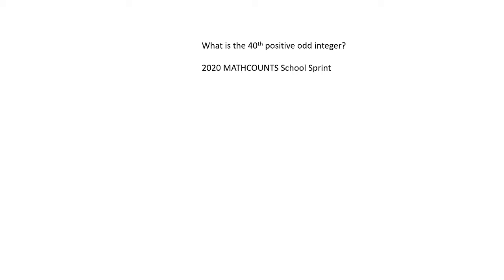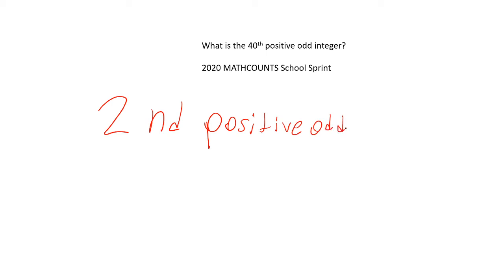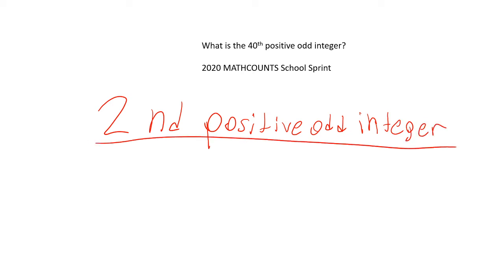First, what is the second positive odd integer? We're going to start small. We know that the odd integers are 1, 3.